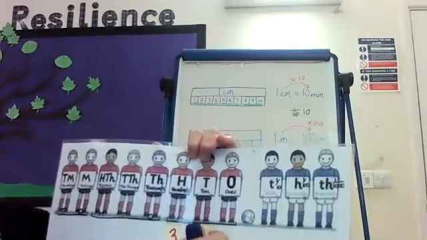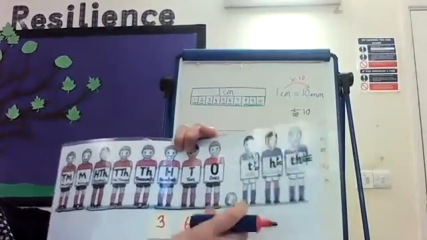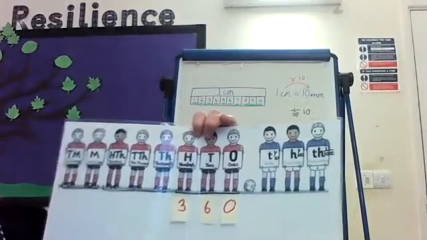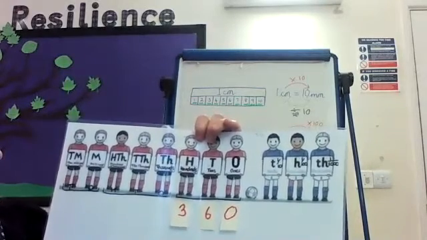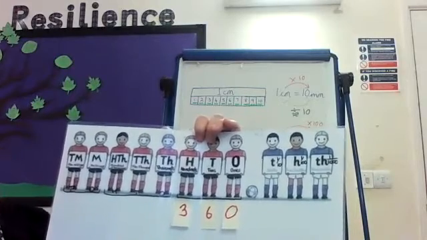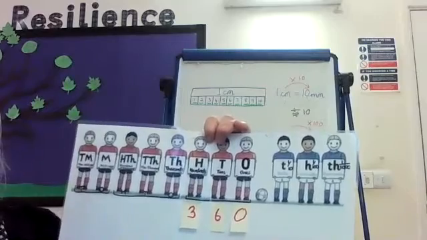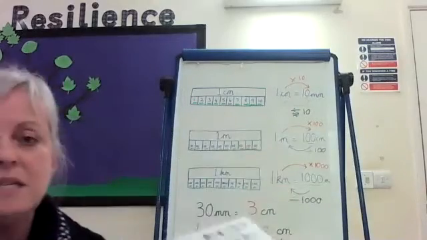So 36, and I've got a placeholder there, remember, it doesn't just go to nothing. 36 multiplied by 10 equals 360. Okay, so have a go at setting yourself some of those.